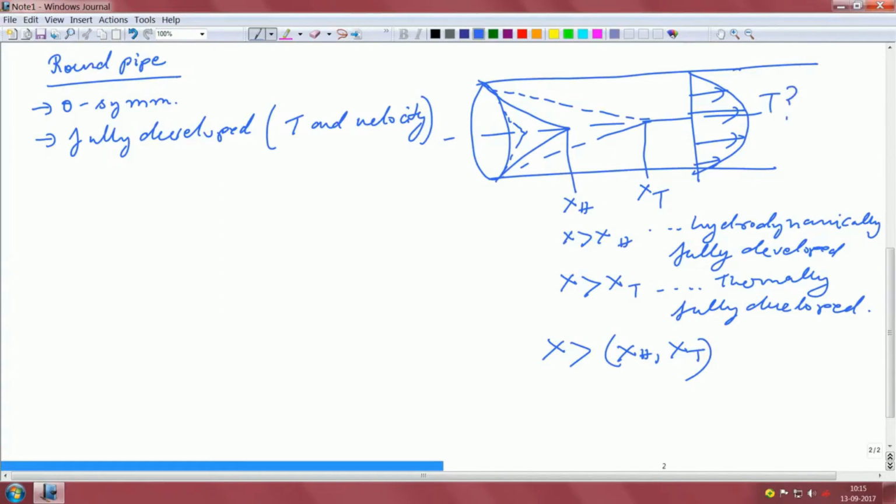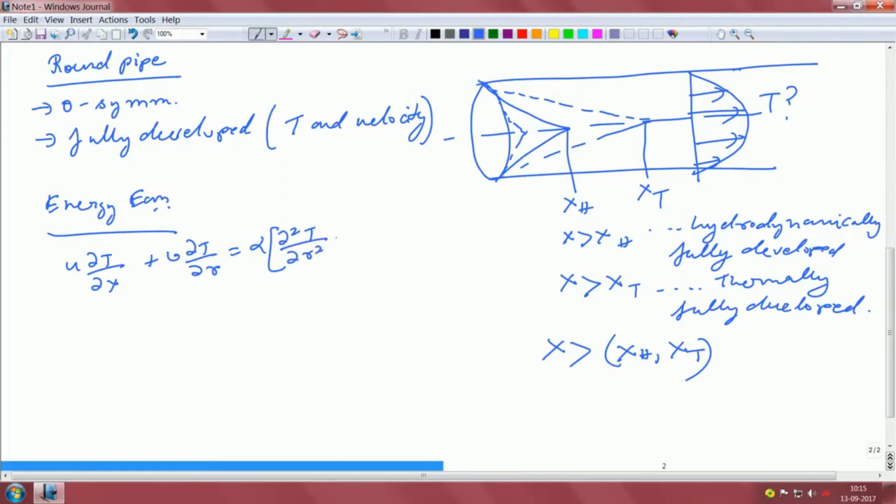Okay. So, let us write down the governing equation, because we already know the momentum equation, because the velocity is a known variable over here. We just go on to the energy equation at this particular point. So, the energy equation: u dT/dx plus v dT/dr equals alpha times (d²T/dr² plus 1/r dT/dr plus ∂²T/∂x²).